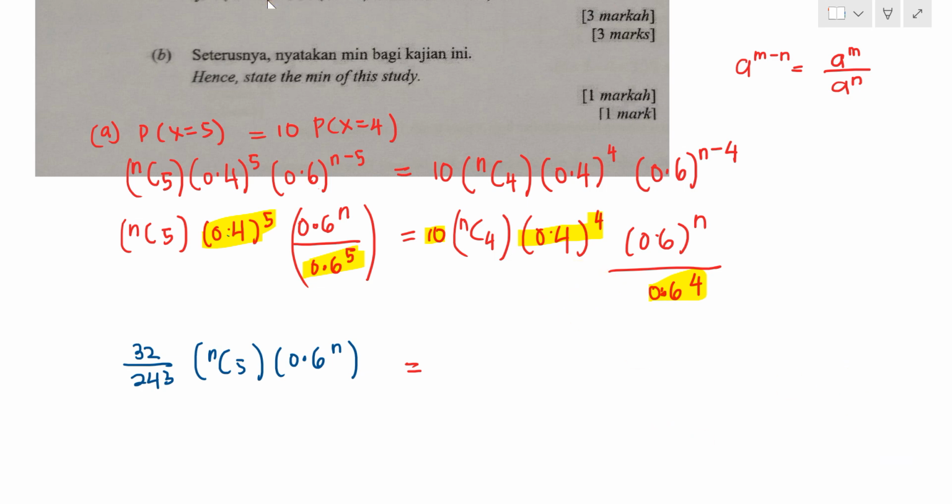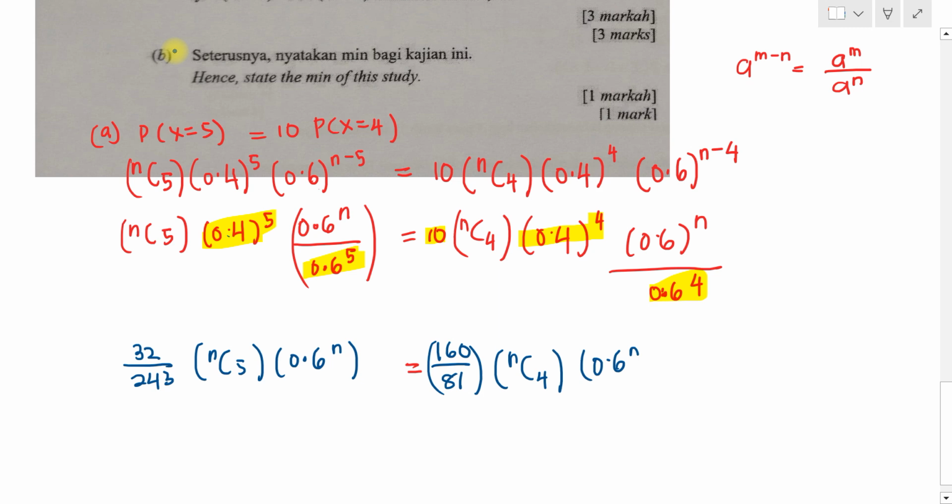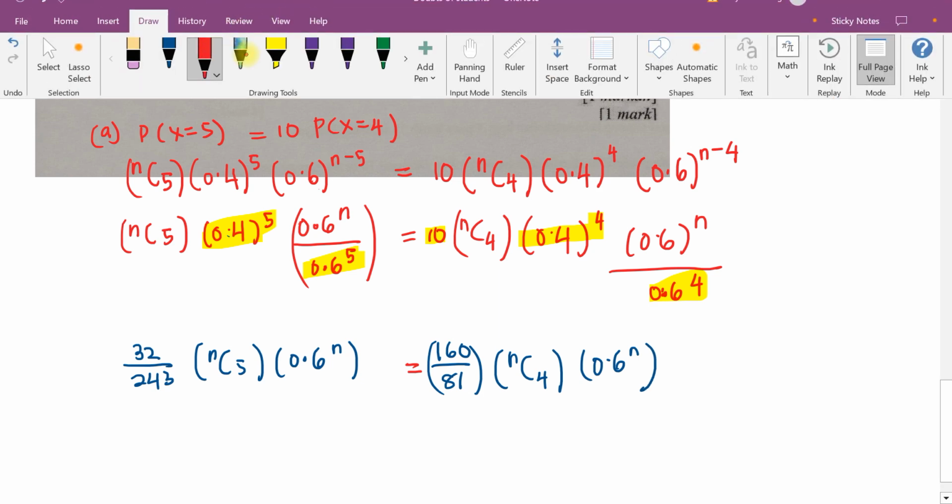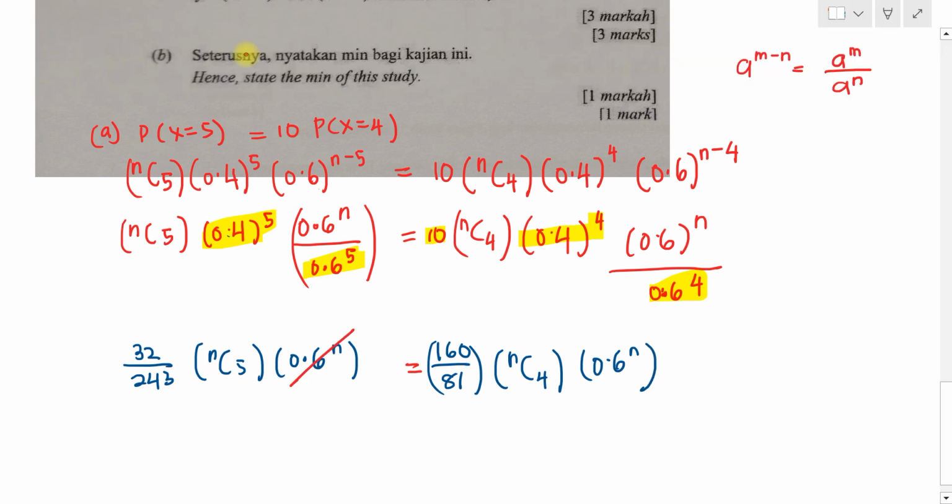When you do this, you should be getting 160 over 81, nC4, and then 0.6 power n. Since both left and right we have 0.6 power n, we can draw one of them to the other side. For example, you draw here, you become 0.6 power n, and then you can cancel them.